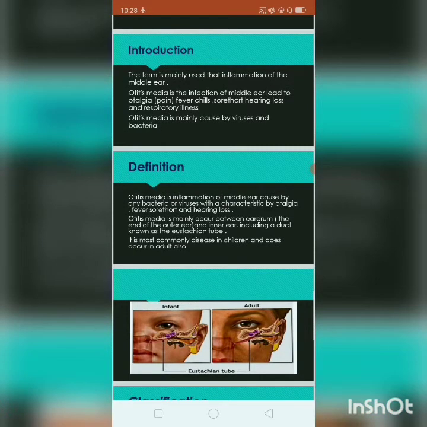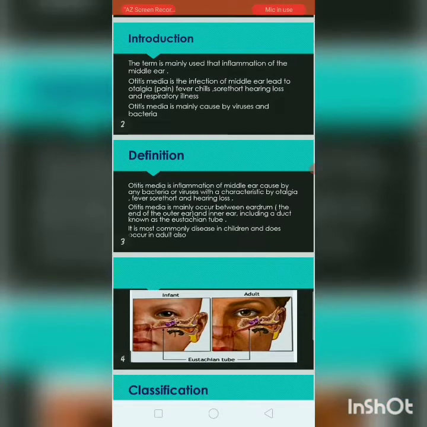So here we have to know what the ET tube or eustachian tube is. The ET tube or eustachian tube is a small tube located from the pharynx to the middle ear. It is a connection between the nasal cavity and the ear. The main function of the eustachian tube is to balance the pressure at the eardrum.